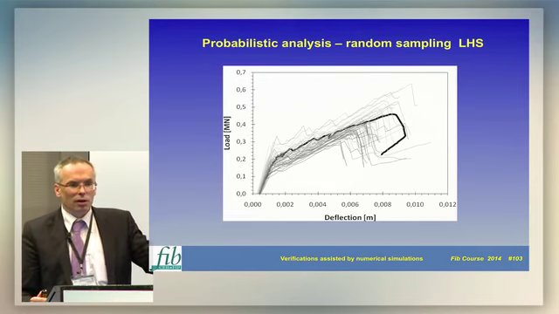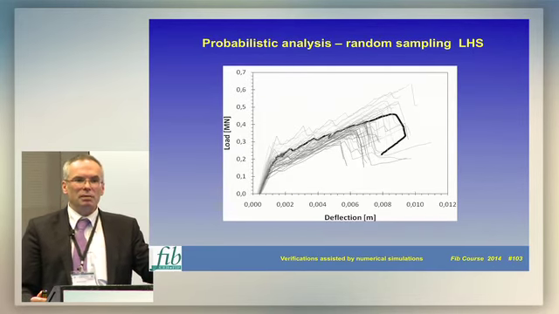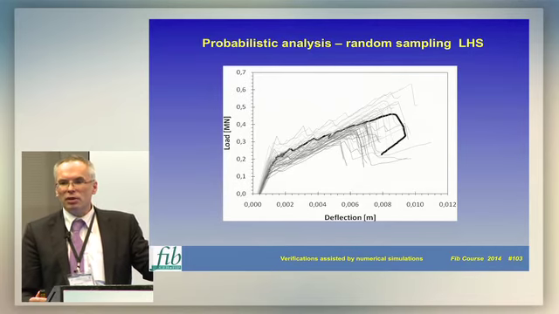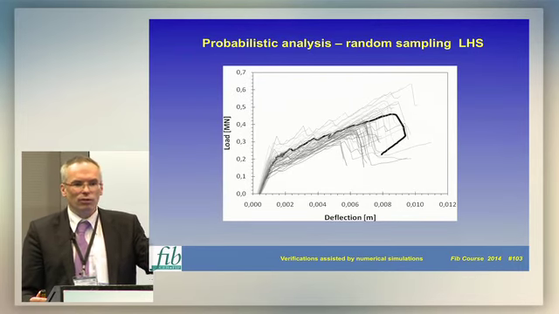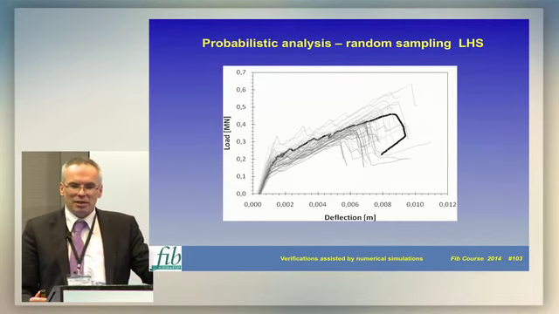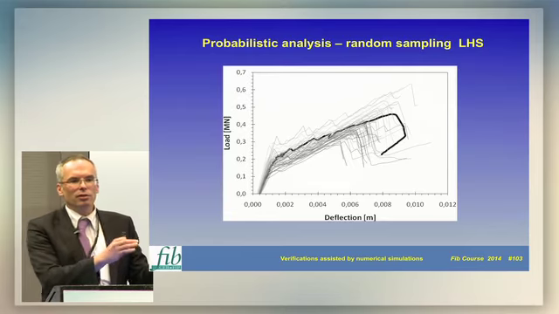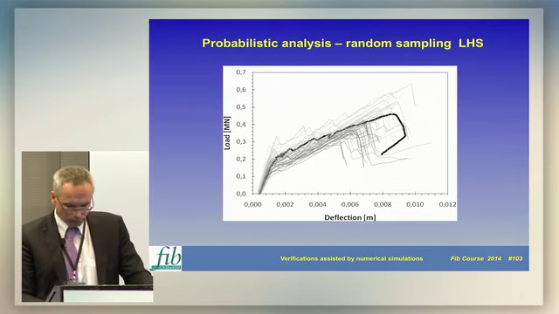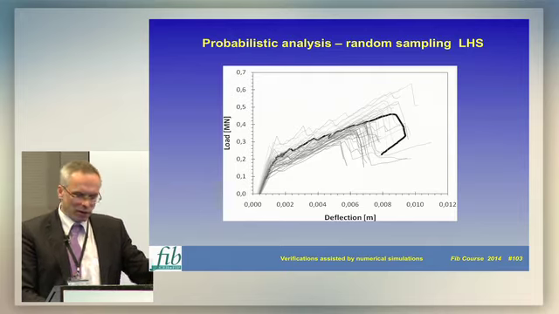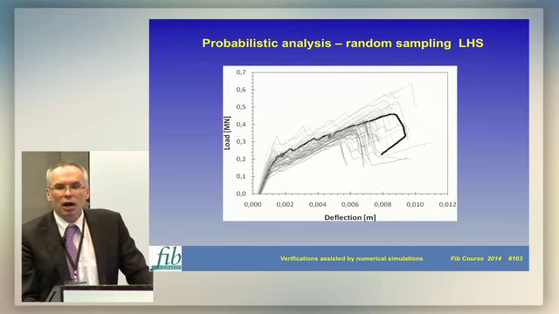That means we prepare statistical inputs, but for each beam there is a single value of compressive strength or single value of tensile strength. So each beam has the same properties, but different sets of properties are created for different beams. We have some statistical tools for that, which are based on random sampling by the Latin hypercube method.